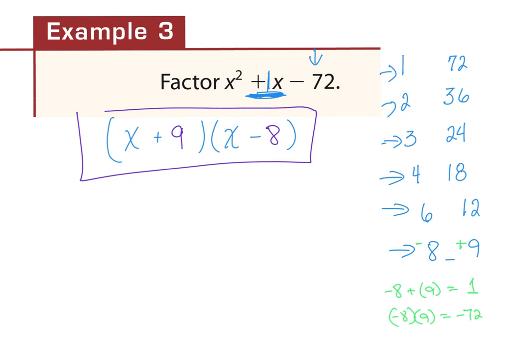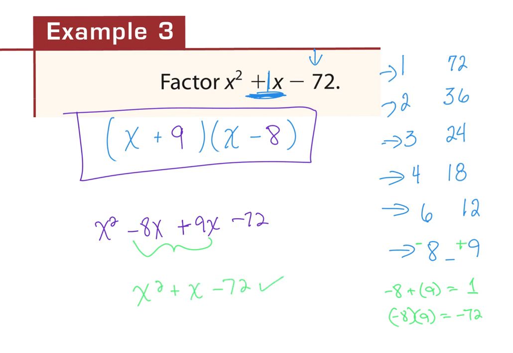And I have successfully factored my trinomial, and I can check it. When I check this, I'm going to say x times x, x times negative 8, 9 times x, and then positive 9 times negative 8. When I simplify, I'm going to get what I started with, which is exactly what I wanted to do.